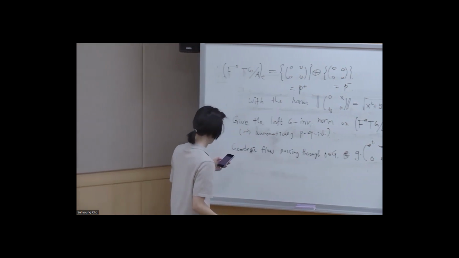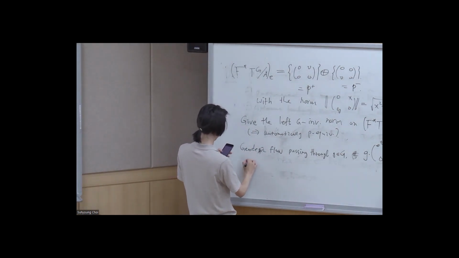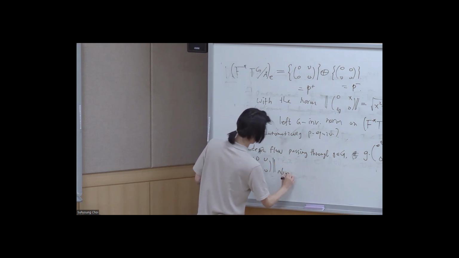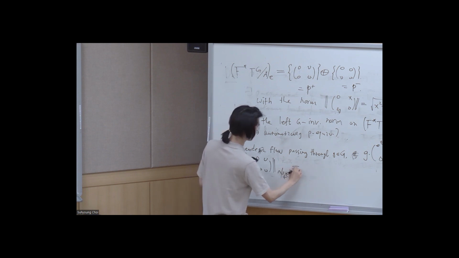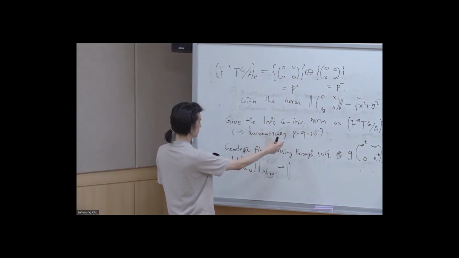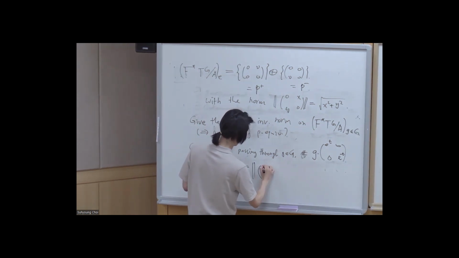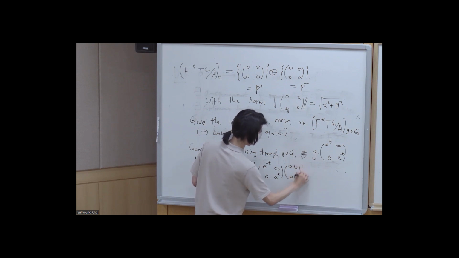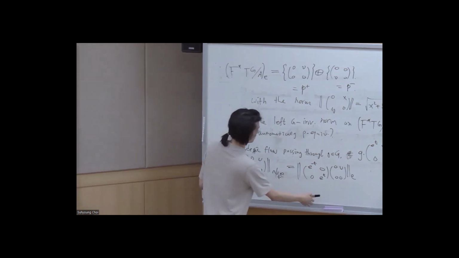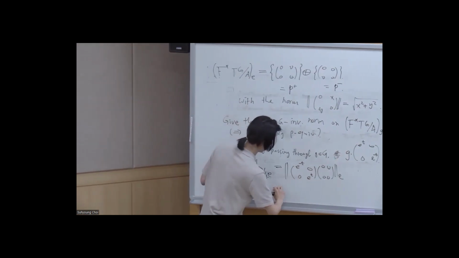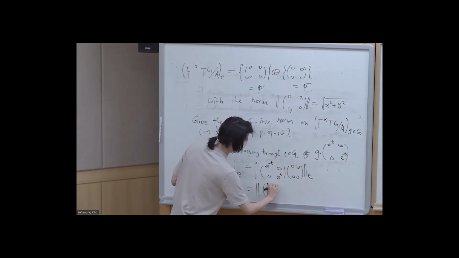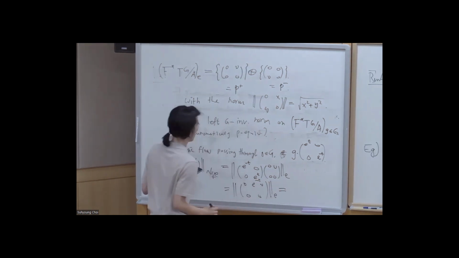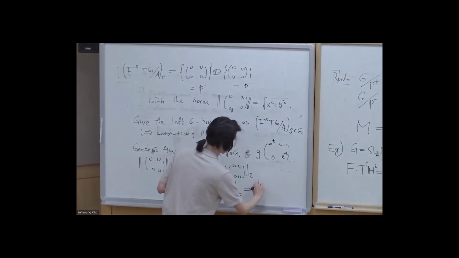And then let's compute very obviously. Because I gave the left G-invariant norm, this will be, at e, just translated by this vector, and that's e^(-3t) times the vector at e.